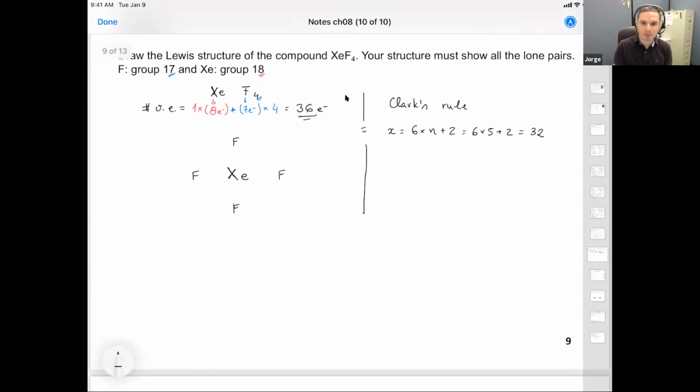For XeF4, X minus the number of valence electrons equals -4. This negative sign indicates that we have octet expansion.